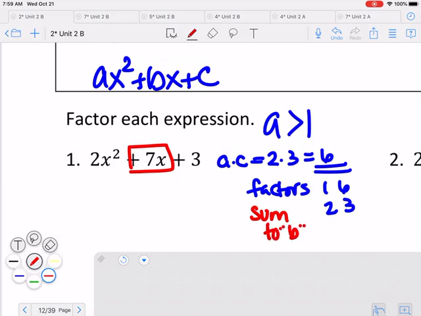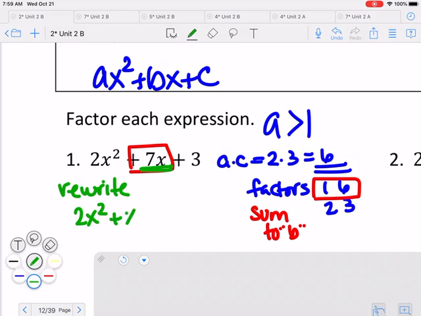Our b value here is 7, so I'm going to choose 1 and 6. What I do with the 1 and 6 is rewrite my original problem. Instead of writing 7x, we're going to write 1x plus 6x: 2x squared plus 1x, or just x, plus 6x plus 3.